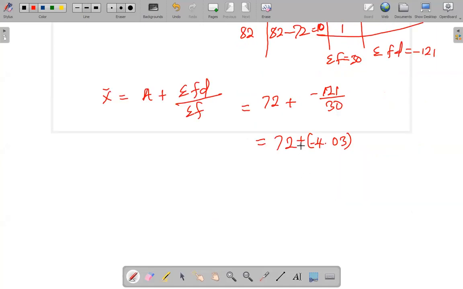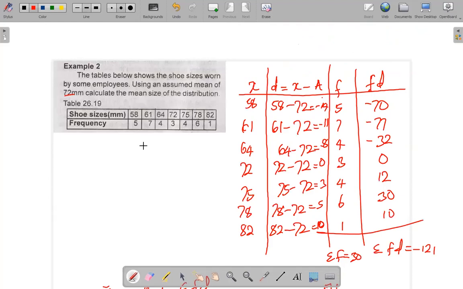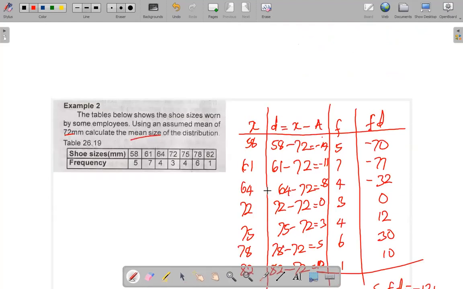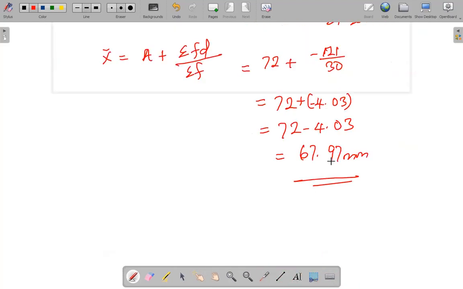And we know that plus times minus is minus, so this will be 72 minus 4.03, which is 67.97 millimeter. So the mean size of the distribution is 67.97 millimeter.